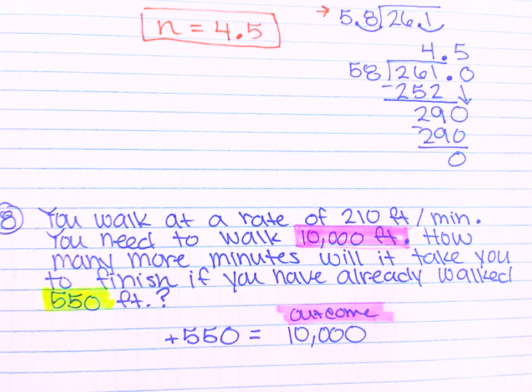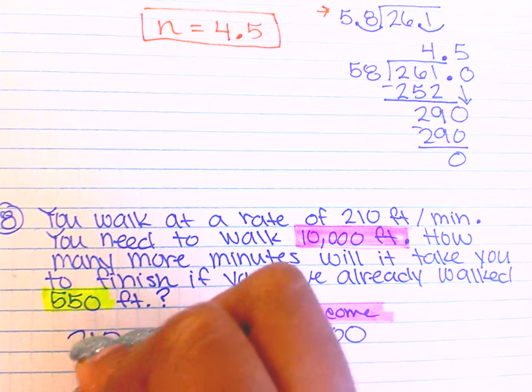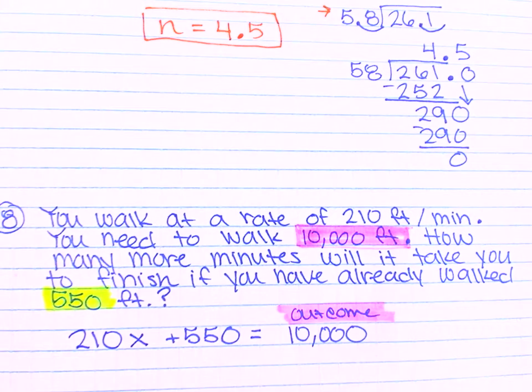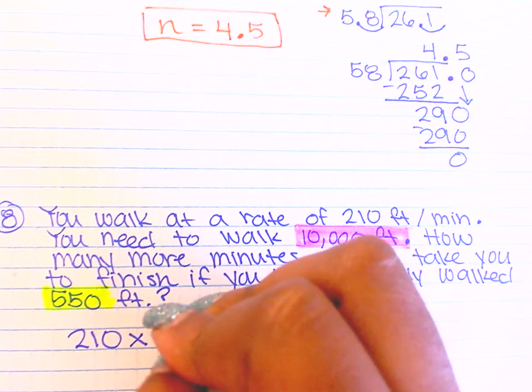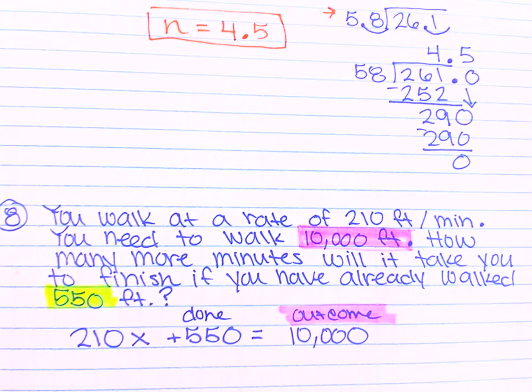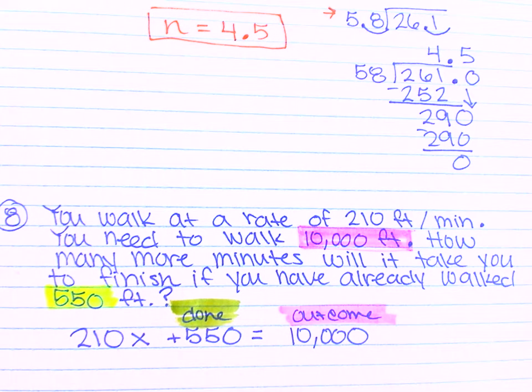That per means that it's going to be your variable per minute. So right here is what I've already done, and then I have my 210, which is how many I'm going to do in a minute.